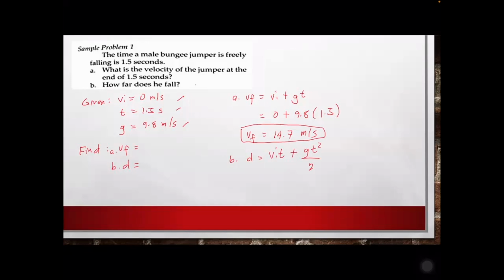If we plug in, Vi will be 0, the time is 1.5, plus 9.8 times 1.5 squared over 2. The first part disappears, because 0 times 1.5 is 0. So we just use this part: D is equal to 9.8 times 1.5 squared over 2. What is your D?